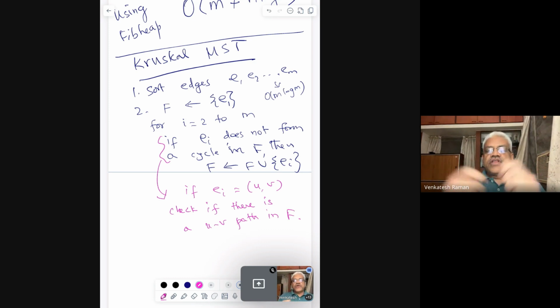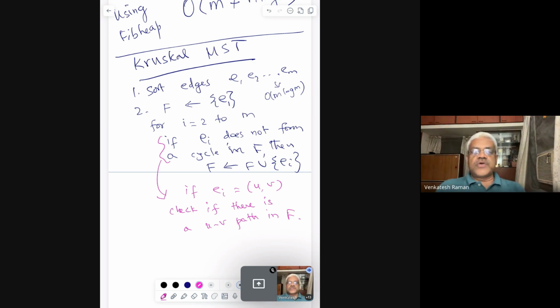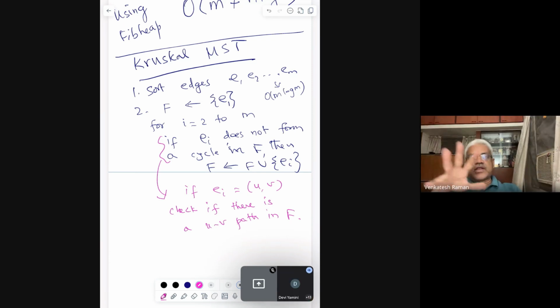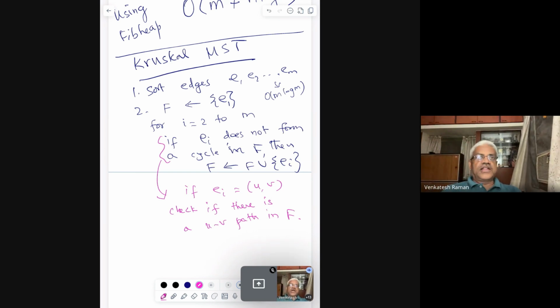We know how to find whether there is a path between a pair of vertices. How do you check? In any graph, I give you 2 vertices and I want to know, is there a path between those 2 vertices? How do you do it? BFS. Exactly. Start from one of them, run a BFS and see whether you hit that vertex.